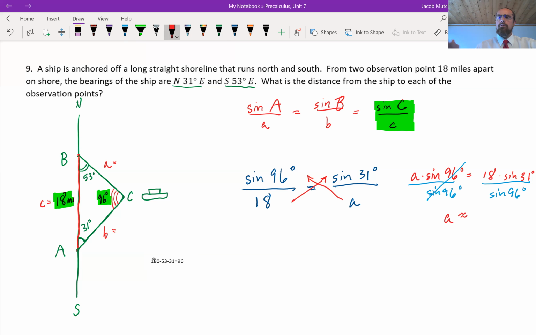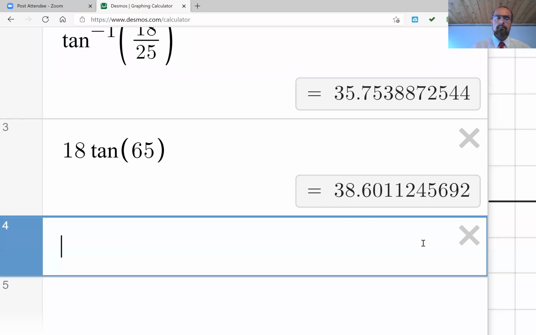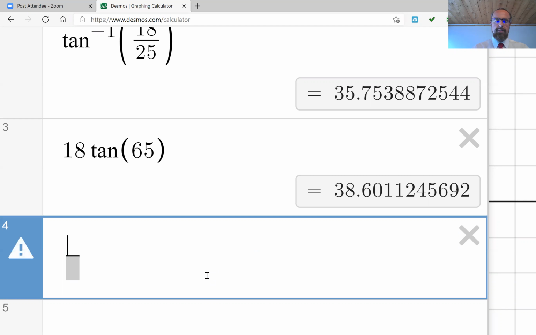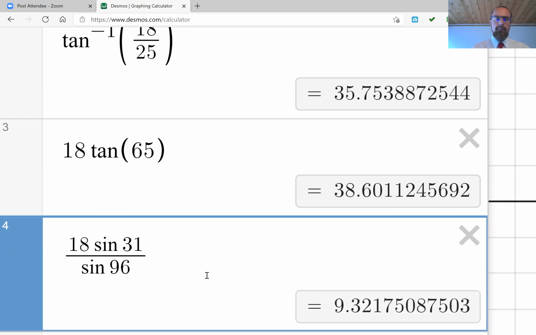Let's take this over to our calculator. So again, that setup was a fraction: 18 times sine of 31 degrees over sine of 96 degrees.